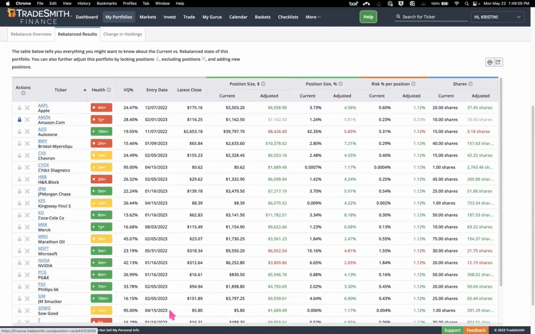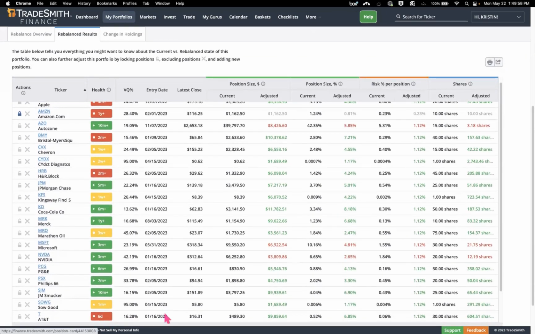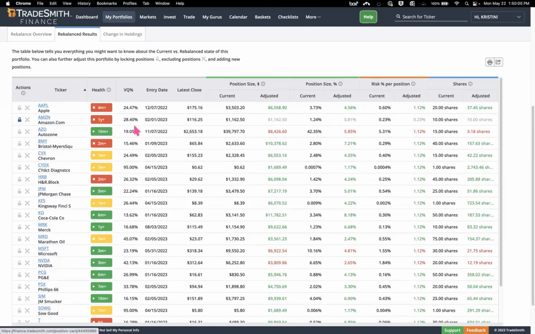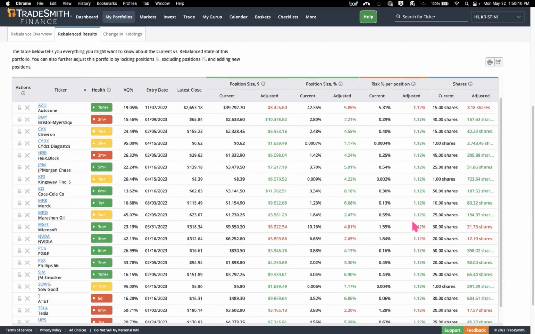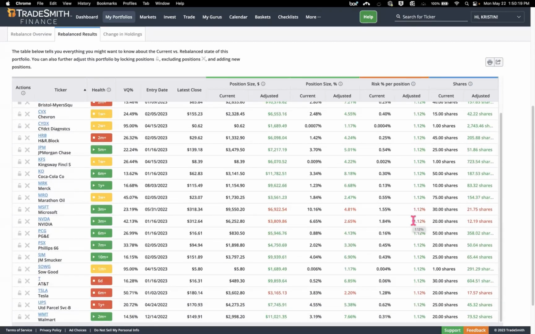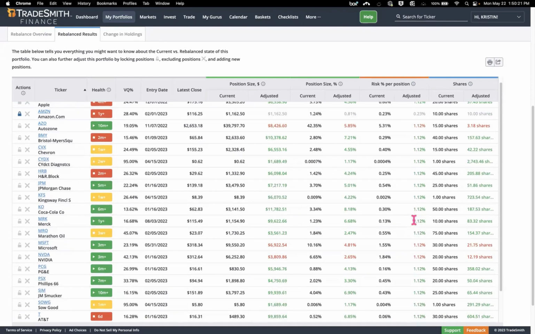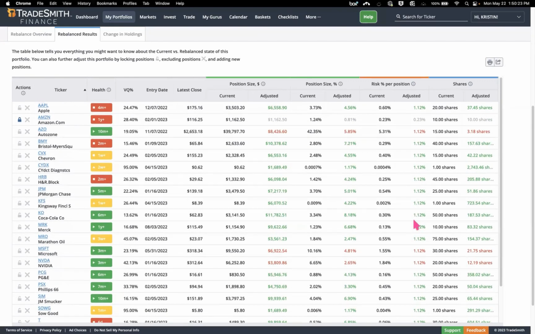All right, and you can see that Amazon is completely grayed out now. It's not green, and it's not wanting me to increase shares, but you'll notice my adjusted went from 1.08, I think it was, to 1.12, which is still good because remember, any percentage between 1% and 2% is considered low risk and conservative.